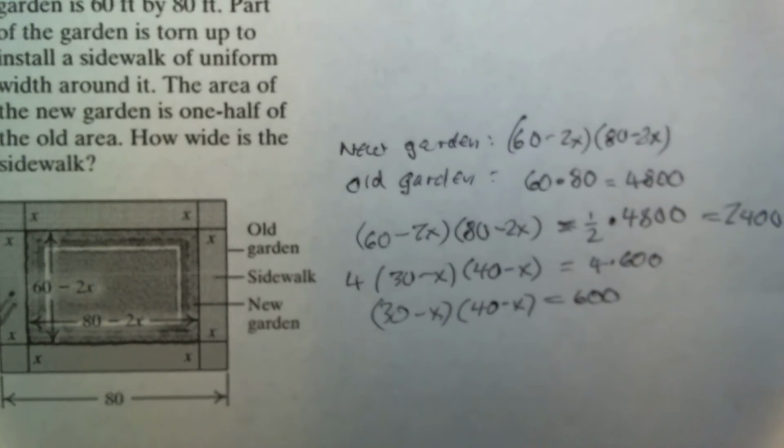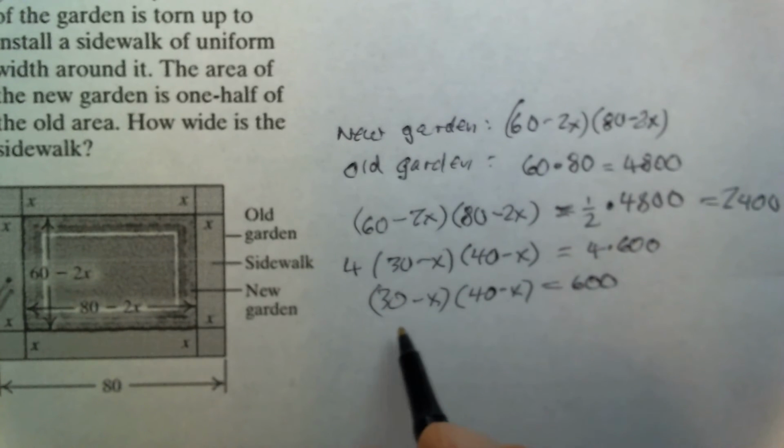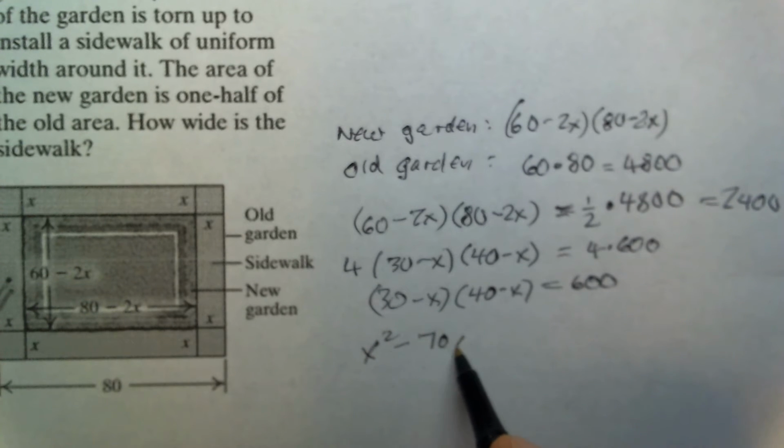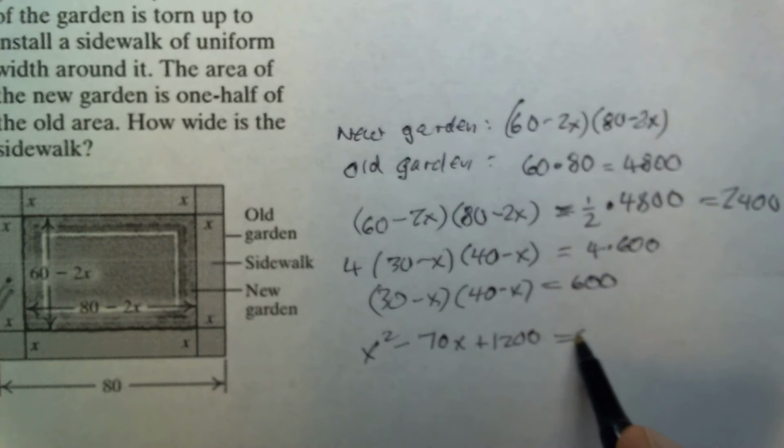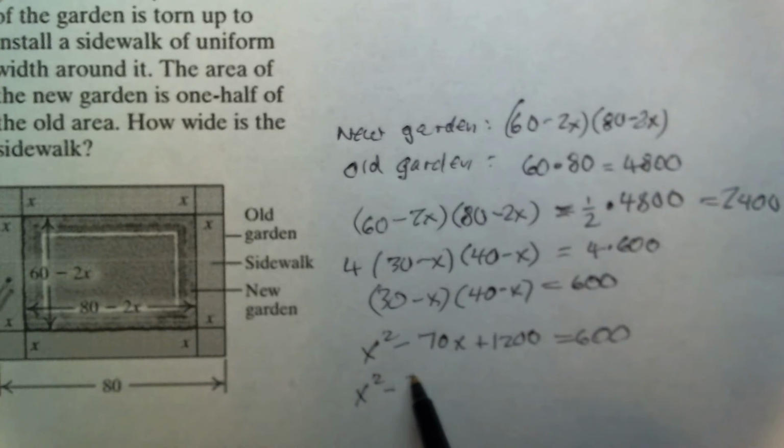Or when we eliminate the parentheses, we have x squared minus 70x plus 1,200 equals 600. And when we subtract 600 on both sides, we have x squared minus 70x plus 600 equals 0.